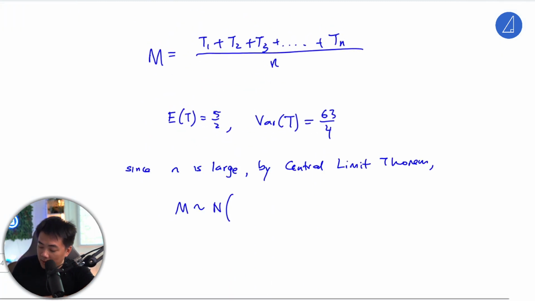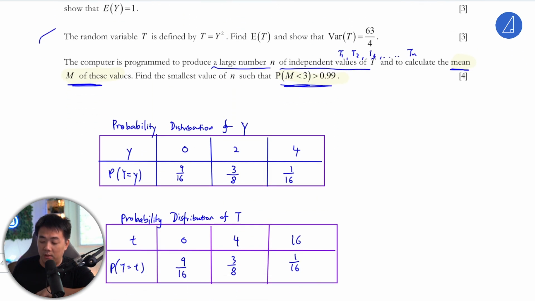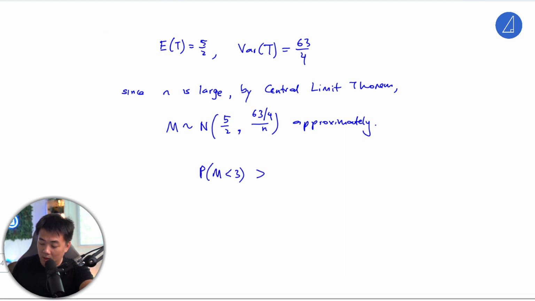M will be approximately normal with mean 5/2 and variance 63/4 divided by n. Then what you need to find is the smallest n such that P(m < 3) is at least more than 99% of the time.